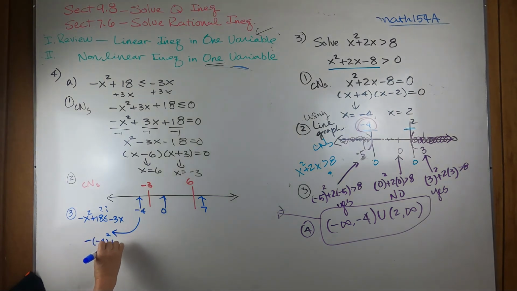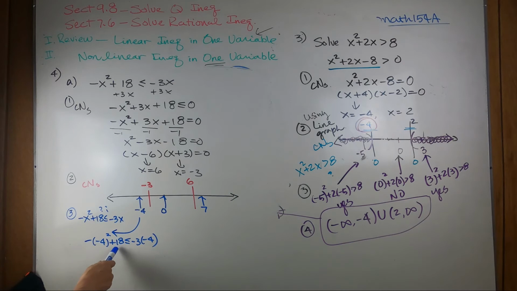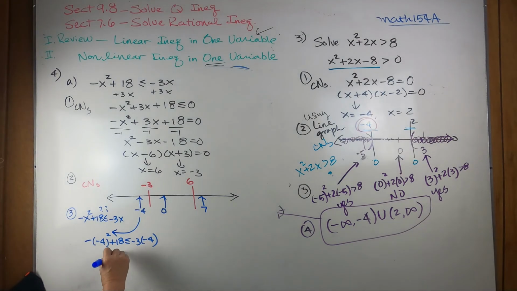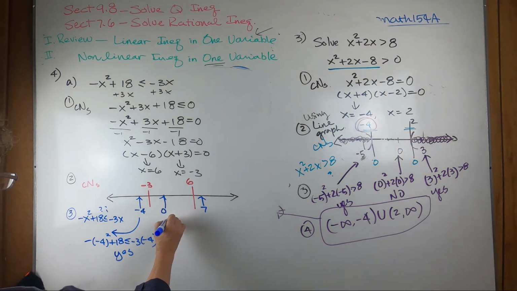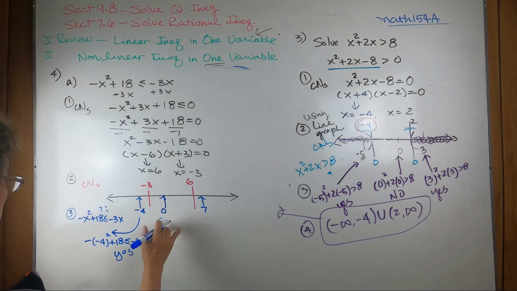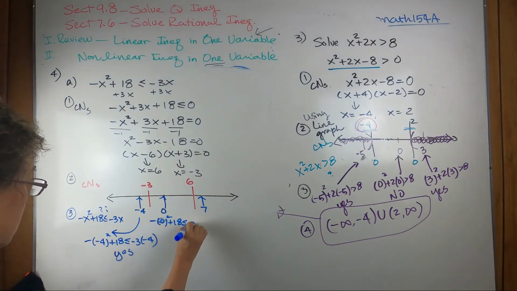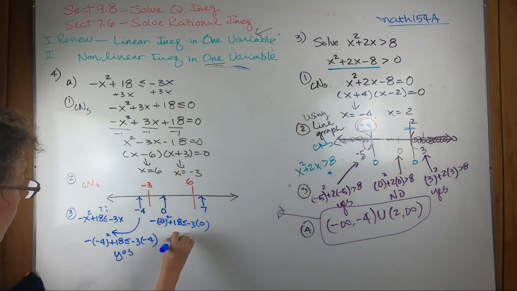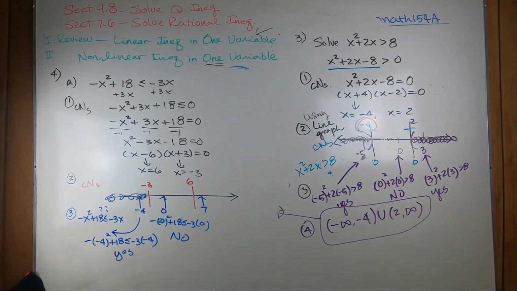Negative 4 squared plus 18 is less than 3 times negative 4. That's negative 16 plus 18, which is 2, less than negative 12? No wait, let me check. How about 0? Plug in 0: negative 0 squared plus 18. Is that less than 0? No. So this portion is not okay.